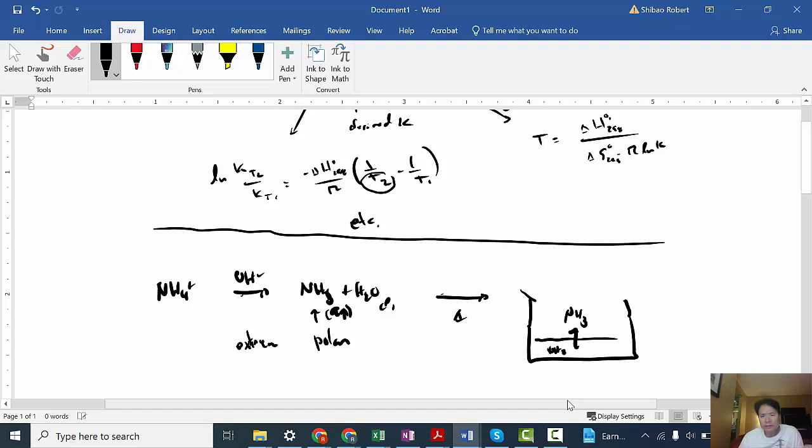So, for example, if we know that the top of the watch glass here slowly turns blue, then that's due to the presence of ammonia gas. So, slowly or gradually turns blue.